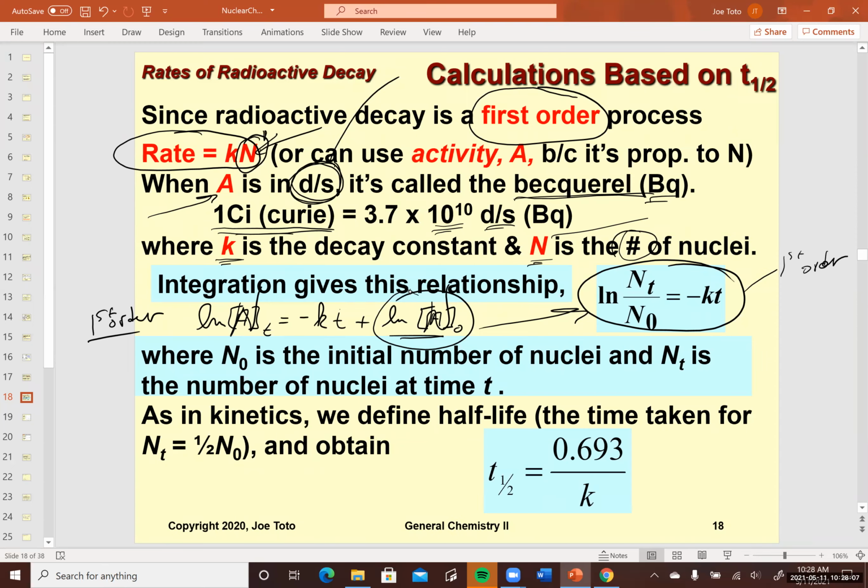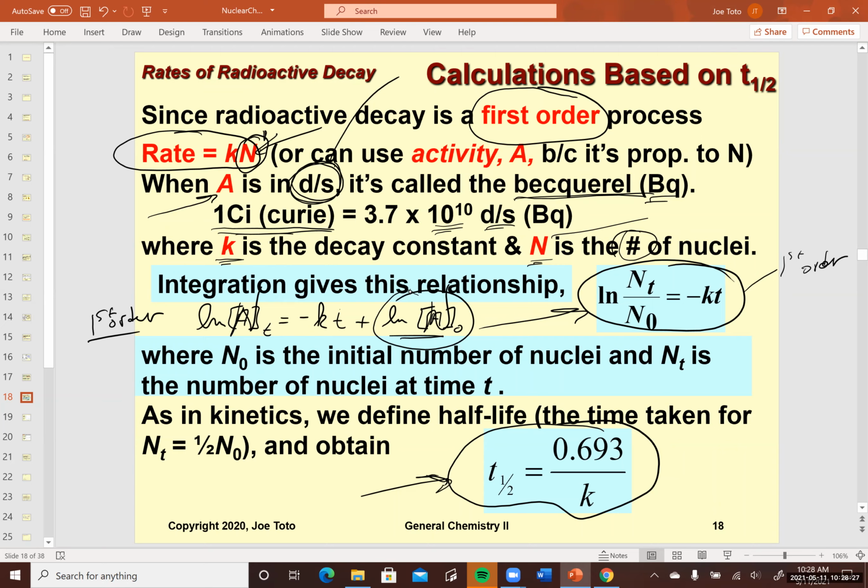And this is the familiar half-life for first order. Now, remember, first order half-life is independent of the amount of the thing that is decaying.